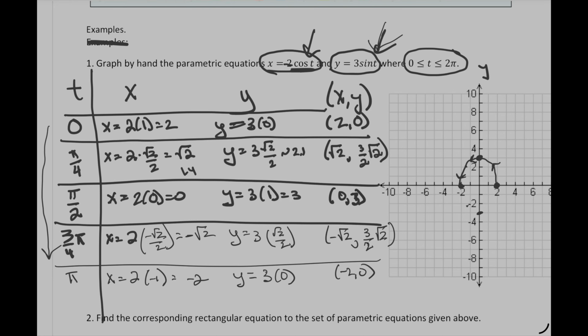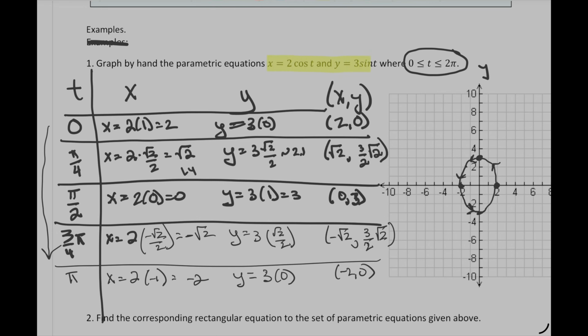So basically what I'm trying to get at here is that this is just going to keep continuing in this manner until actually we get back to here. So this set of parametric equations, okay, looks like it makes an elliptical shape, and we have an arrow that's indicating orientation, okay?